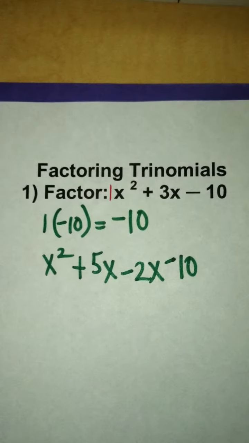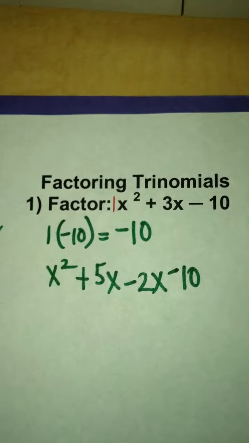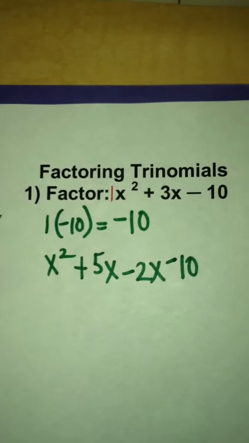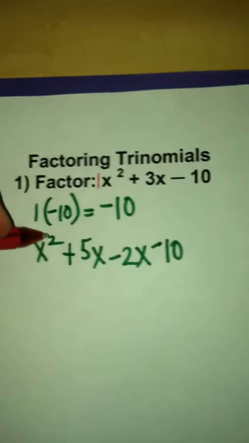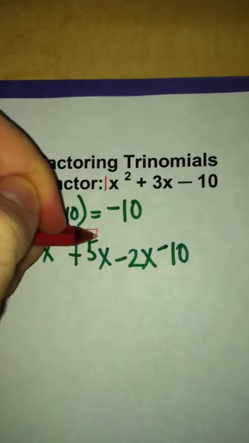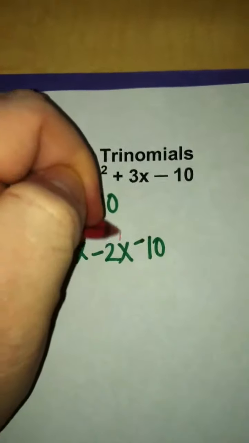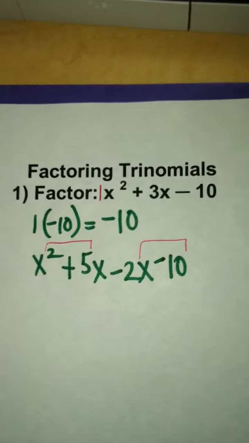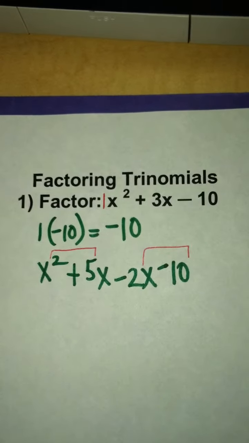We have 4 terms, so we can factor by grouping at this point. So we group the first 2 terms and the last 2 terms, and take out their respective GCFs.